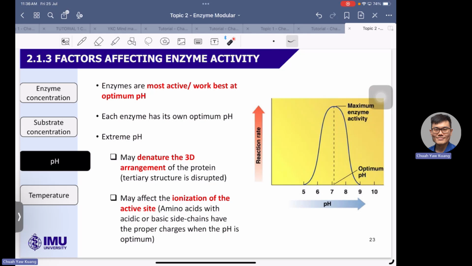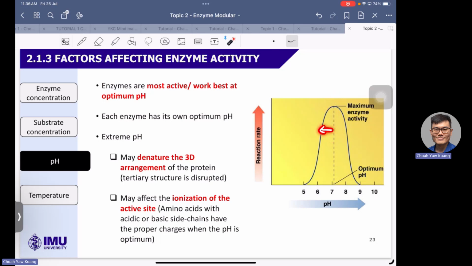Next is the graph of pH. For the relationship, it is very simple. The relationship is related to optimum pH. So what is the relationship?